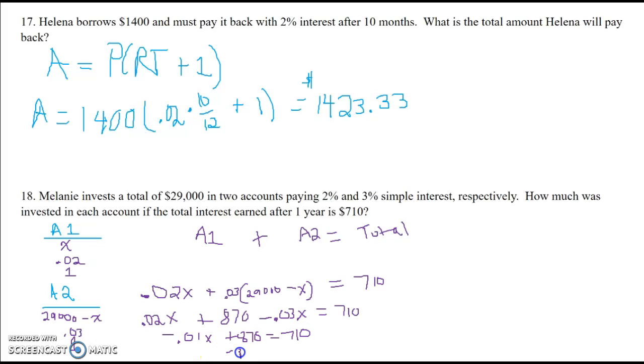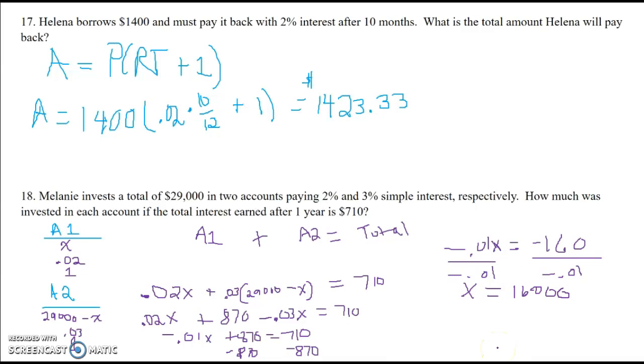And when I subtract 870 from both sides, I'm going to get negative 0.01X is equal to negative 160. And if I divide by negative 0.01 on both sides, X is going to equal 16,000.